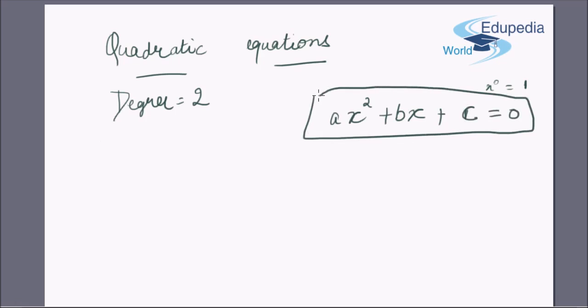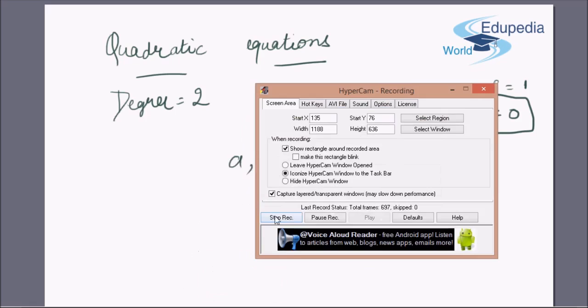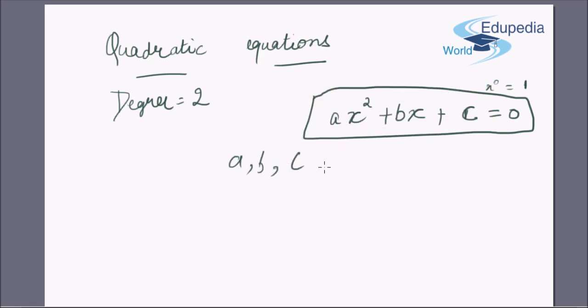Thus, a quadratic equation is the equation of the form ax square plus bx plus c equal to 0, where a, b and c are real numbers, and further a can never be equal to 0, because if a is equal to 0, then this term will be 0 and we will get bx plus c as 0.